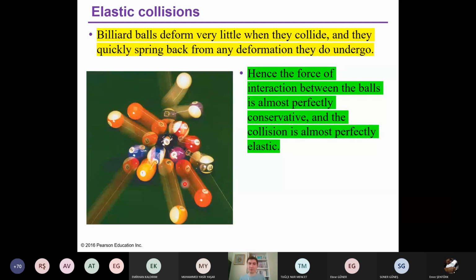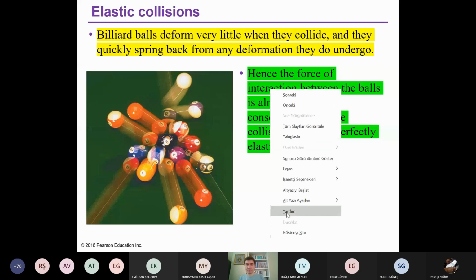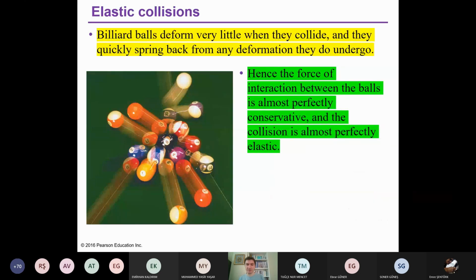Billiard balls deform very little when they collide. You can consider them like a spring. Let me draw. During the last lecture, we discussed this type of system with two boxes and there are springs in front of them.